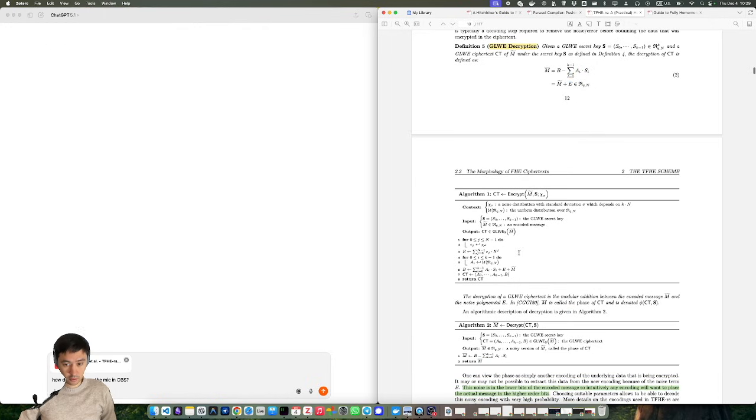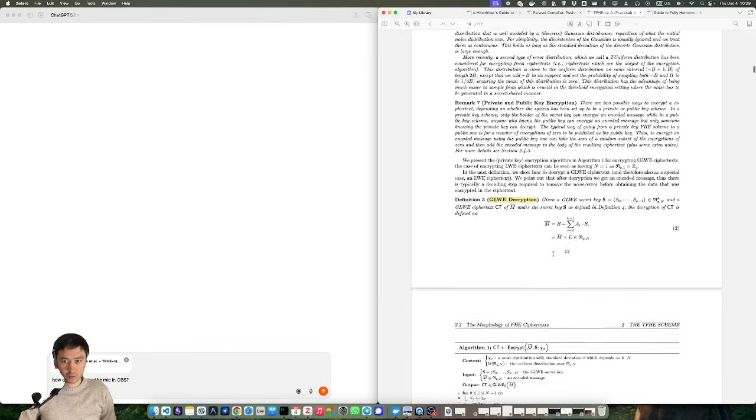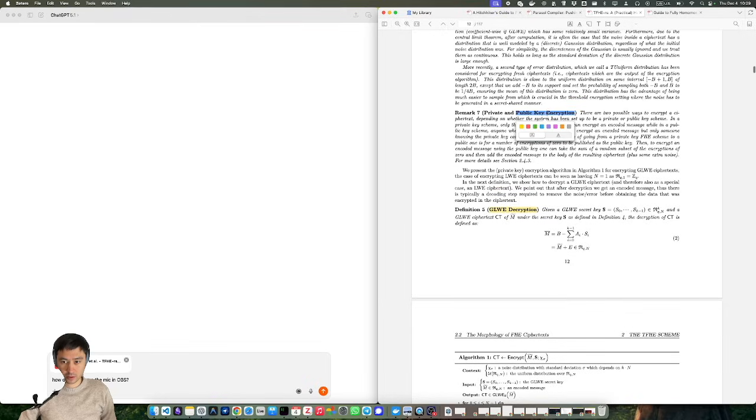Okay, how does someone encrypt without knowing the private key? Wait, they know the private key. So I thought it was a public key encryption scheme. Let's look at this public key.